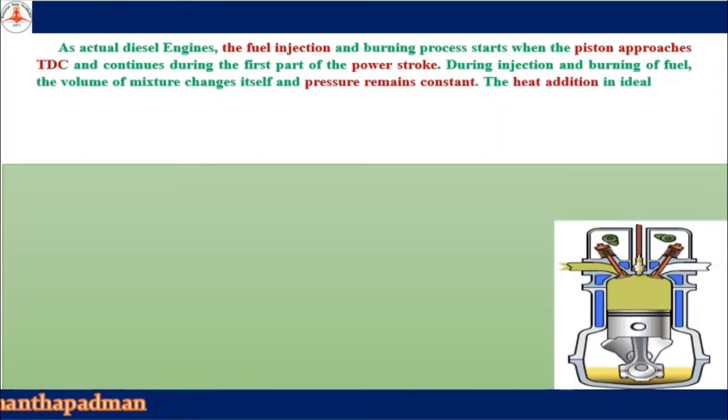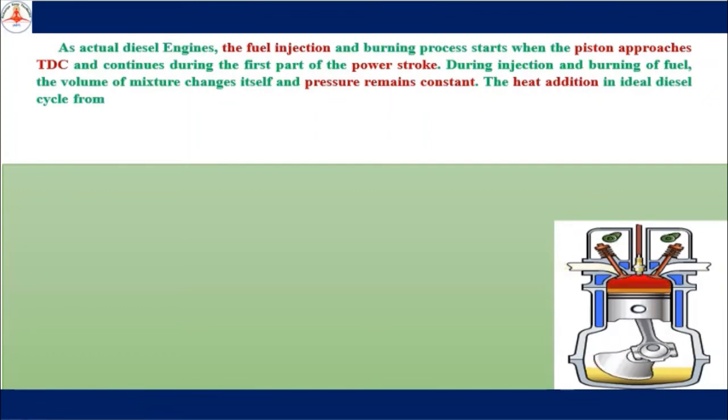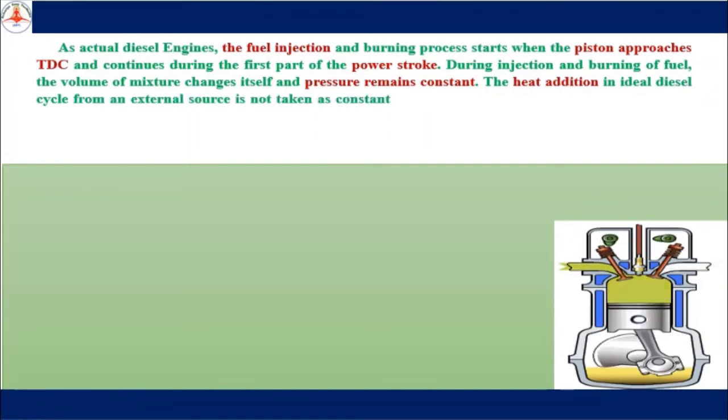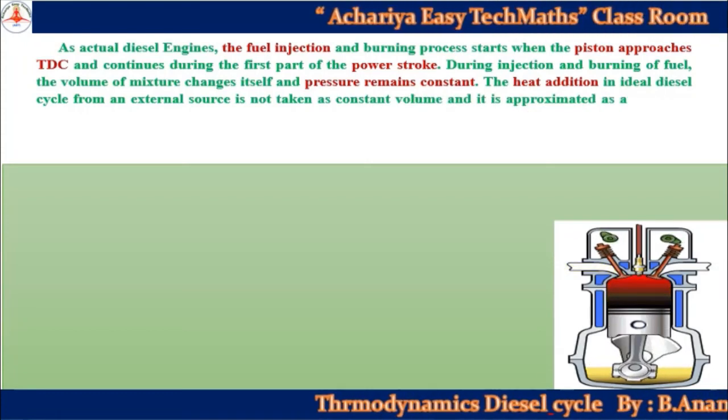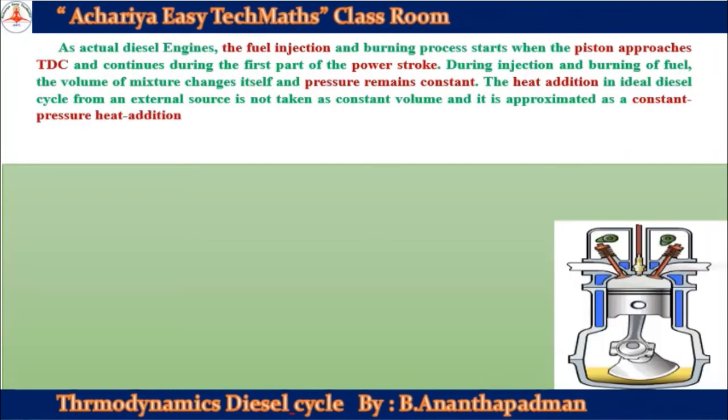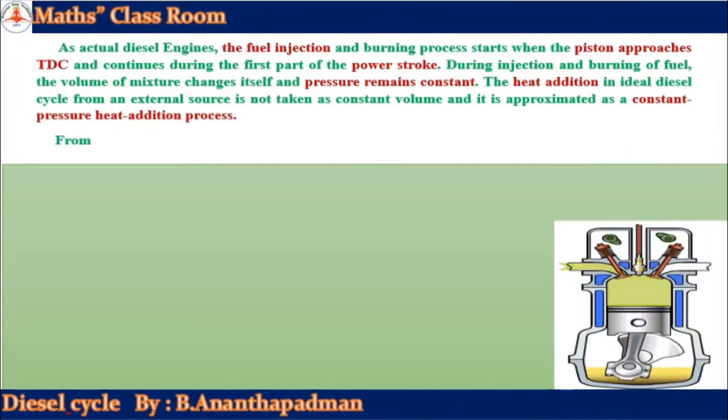The heat addition in the ideal diesel cycle from an external source is not taken as constant volume, and it is approximated as a constant pressure heat addition process.